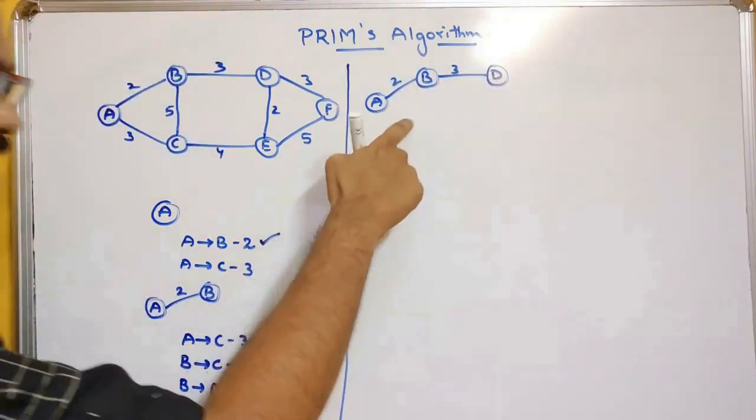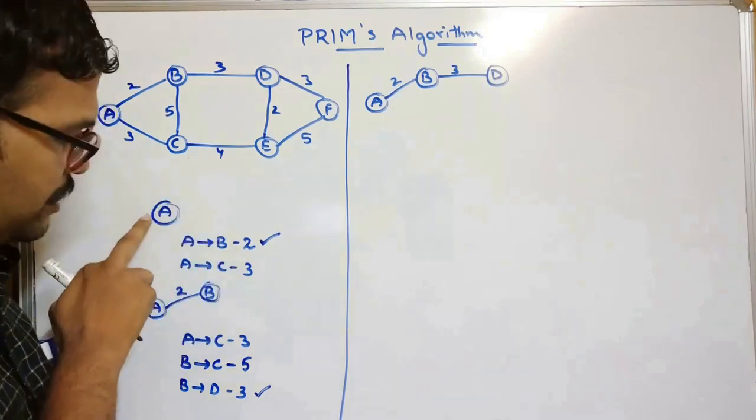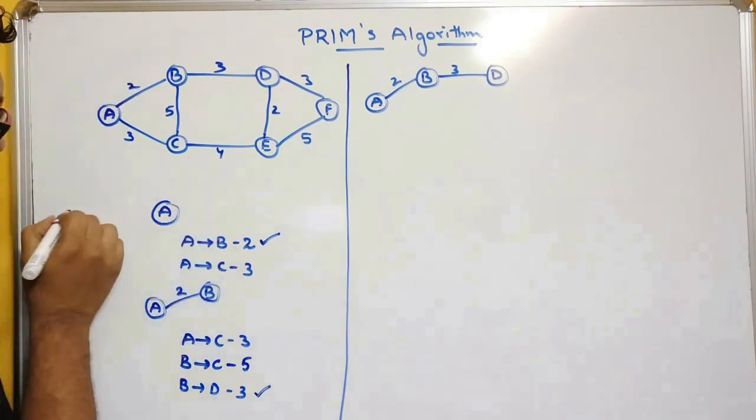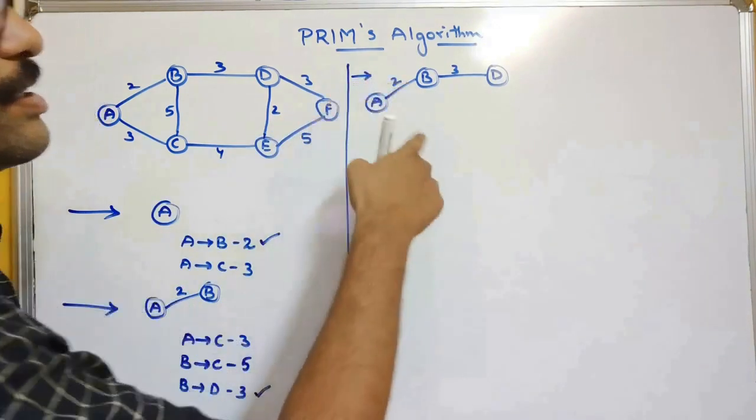Now the spanning tree becomes this one. So in the first step, the spanning tree is this one. That means only one vertex. In the second step, and this one is the third step.